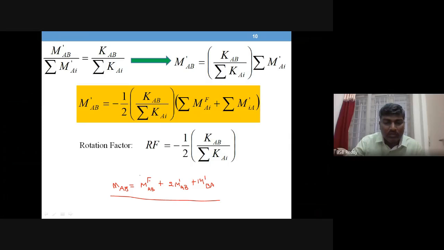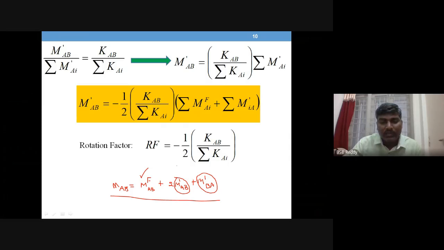We have learned already how to calculate fixed end moments in the previous semester in Structural Analysis 1. So now we see how you calculate these rotation contribution values.